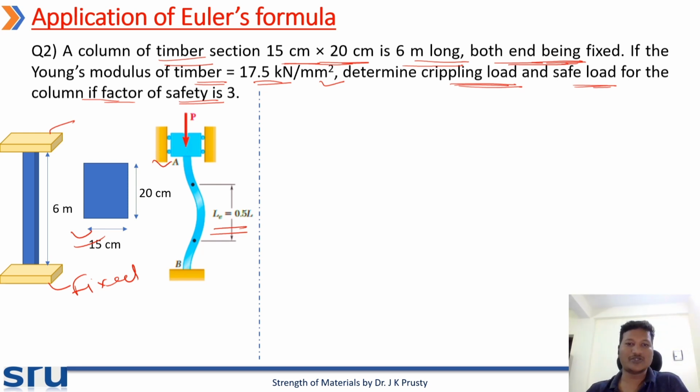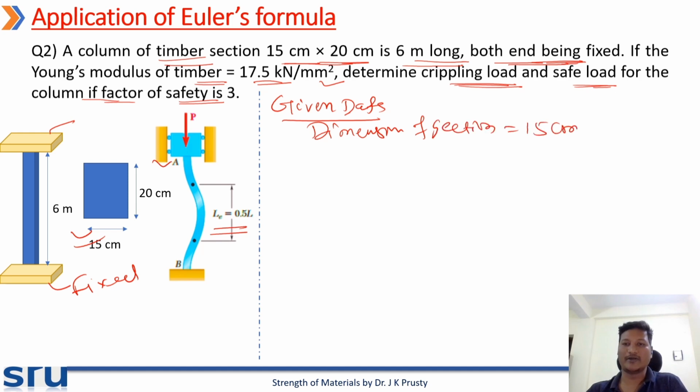So to solve this, we need to first write the given data. The dimension of the cross section is 15 centimeter into 20 centimeter. The actual length L is equal to 6 meter.